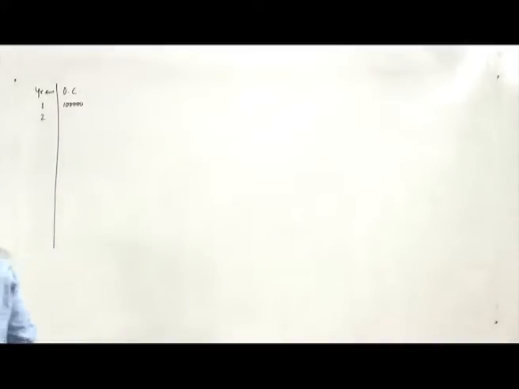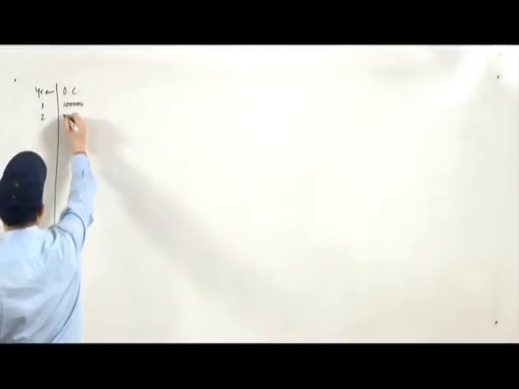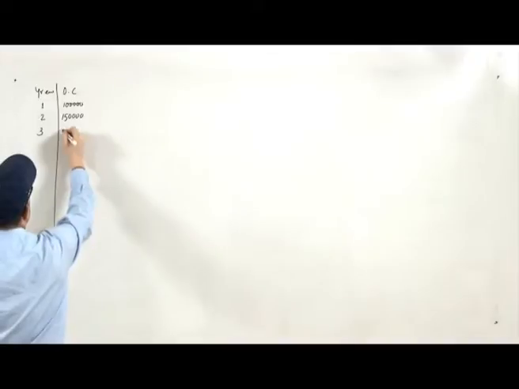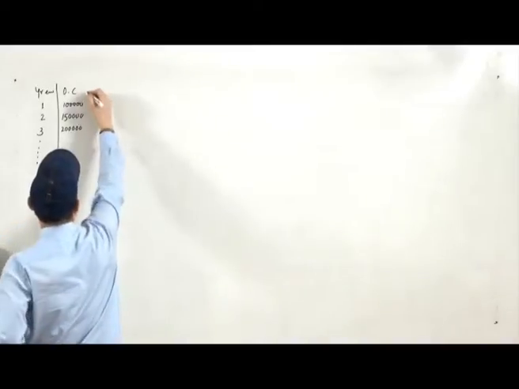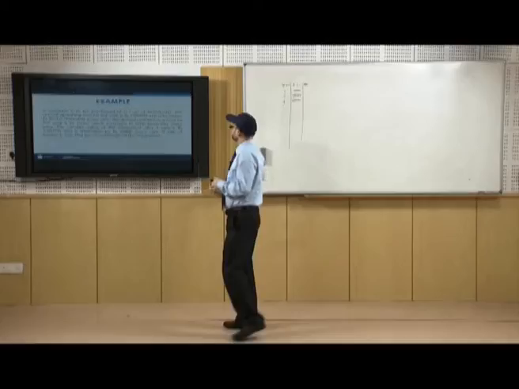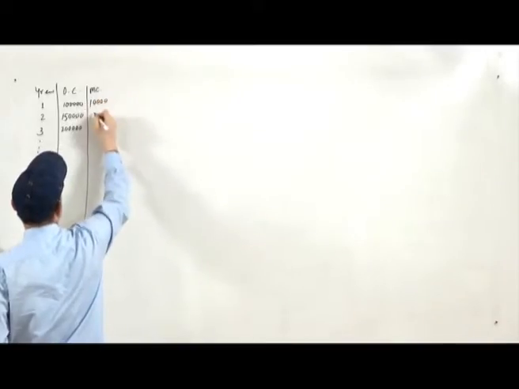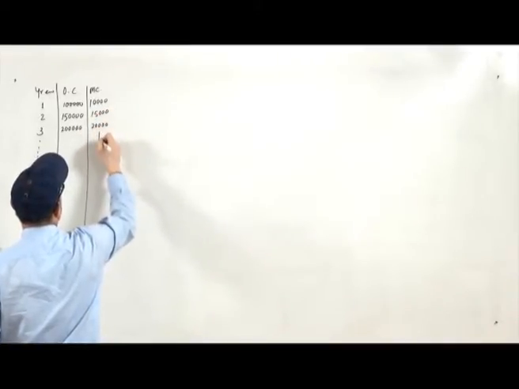In the second year it is increasing by 50,000, so it will become 150,000, the third year it will be 2 lakh, and so on. It will go on increasing. Similarly, the annual maintenance cost is 10,000 and it is increasing by 5,000 every year. So, next year it will be 15,000, then 20,000, and this way it will go.